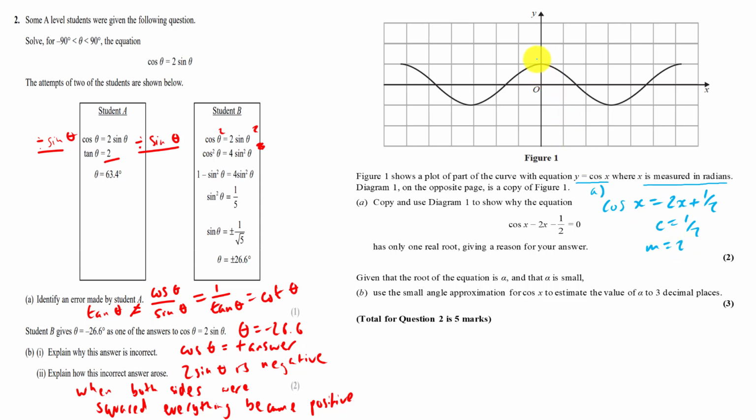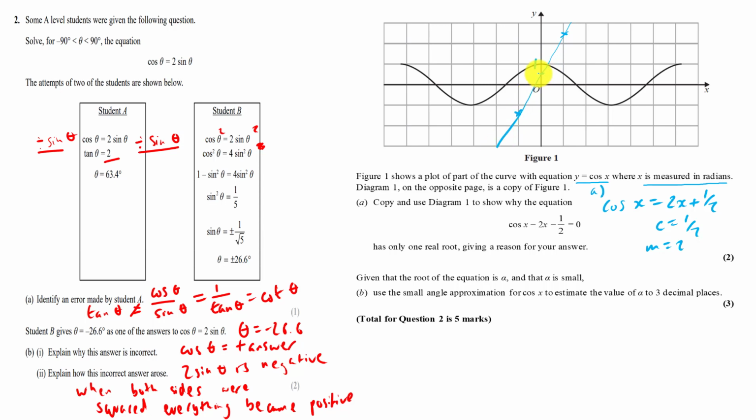So if this is 1, that's the half, and at 1 we're going to get 2.5, and at minus 1 we're going to get this.